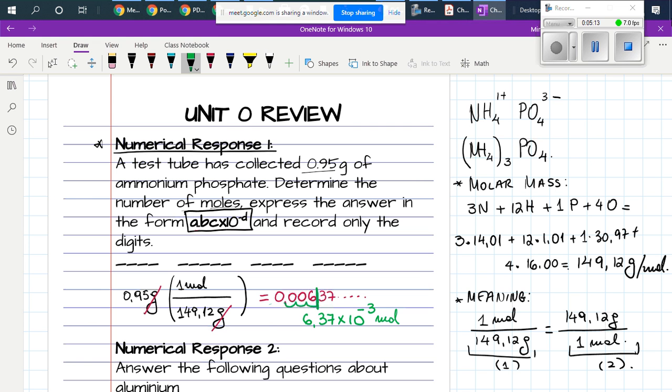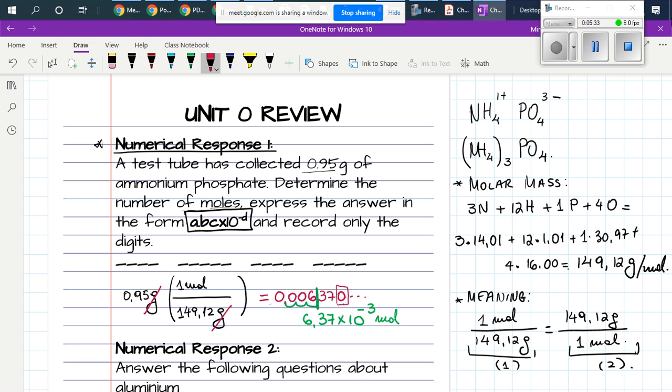Now you have to look at the answer here. The answer in the calculator is 0.00637, because if this digit here is 5 or greater than 5, then you round up. But since this digit is less than 5, we keep it as it is.